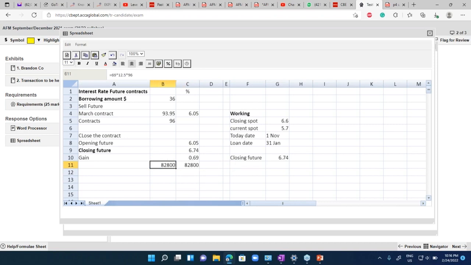There is another way, that is convert this 0.69% into ticks. It will be 69 ticks into one tick value, 12.5, into number of contracts, that is 96. So it's up to you whether you want to use this calculation or this calculation.